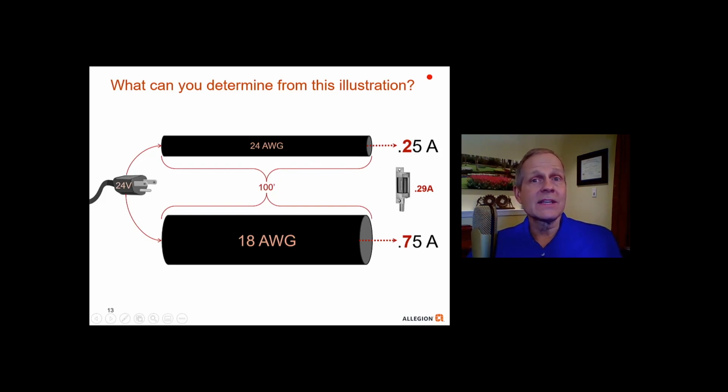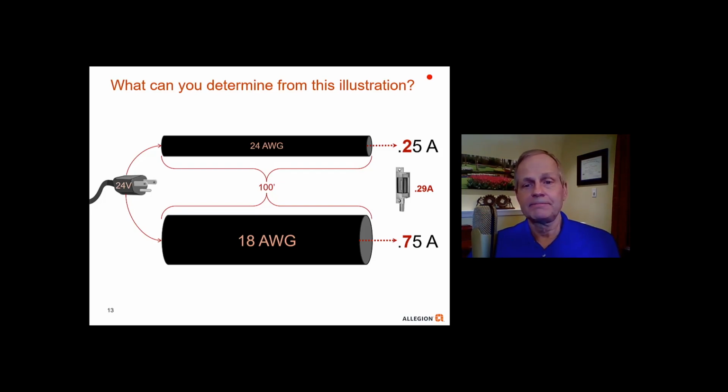So if you try using that, it may work initially, but it is going to start to generate heat due to the resistance of the wire. And if you get too much heat, it could result in a fire. So you always want to make sure you have extra current capacity in the wire to handle the current drawn by the devices.